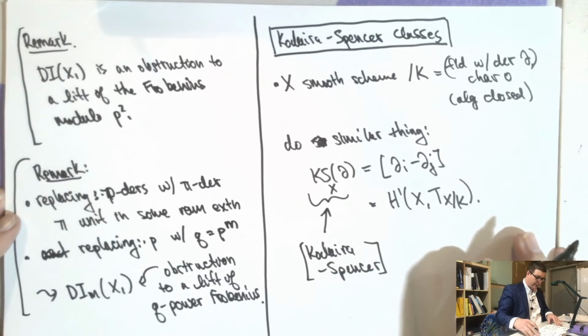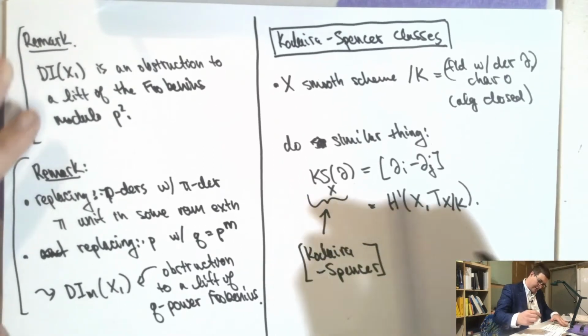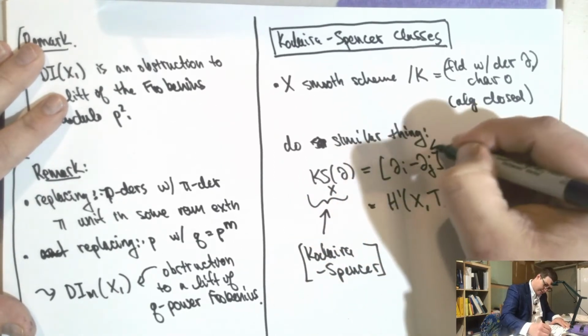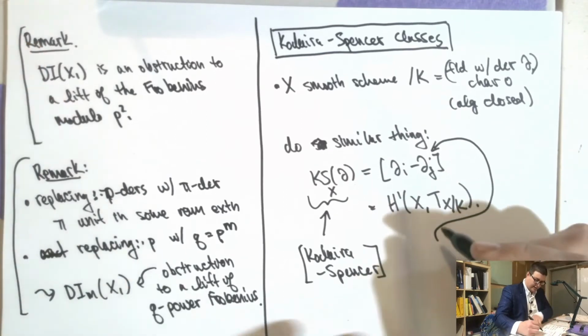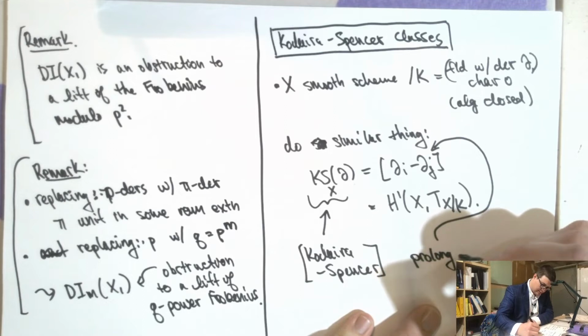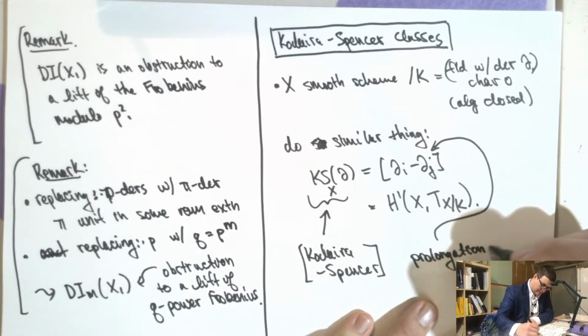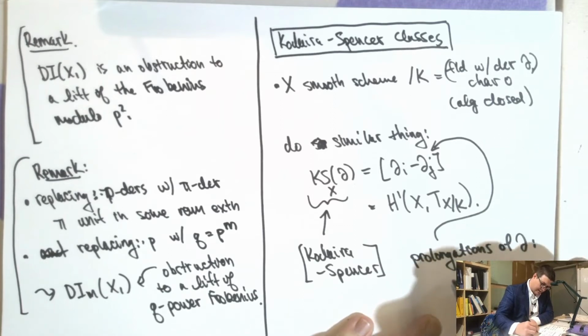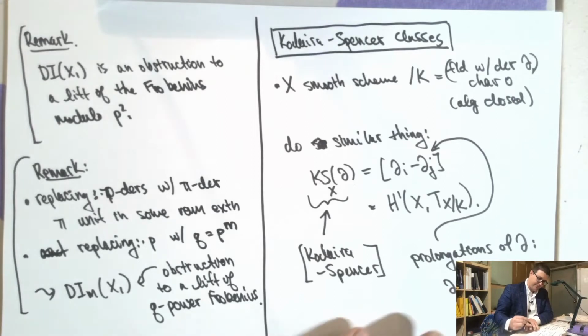One thing I want to note is that these D_i are prolongations of delta, i.e., that means that D_i restricted to K is just delta.